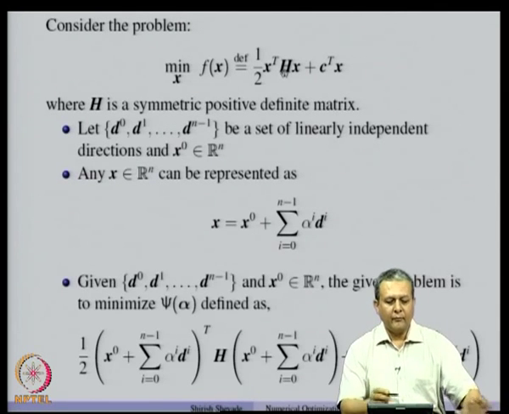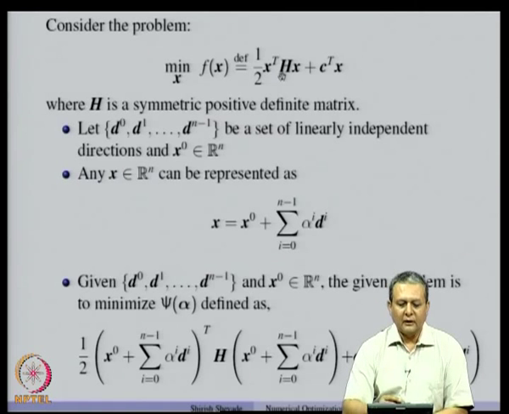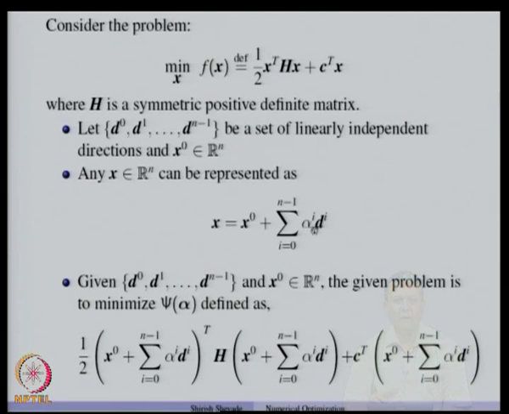The objective function then becomes a function of those alphas, alpha 0 to alpha n minus 1. So, given the basis d0 to dn minus 1 of the n-dimensional space and some point x0, we can rewrite the given problem in terms of the variables alpha, and that is given here. You will see that x is replaced by the right hand side of this expression, and now we have a problem to minimize psi(alpha) with respect to alpha.